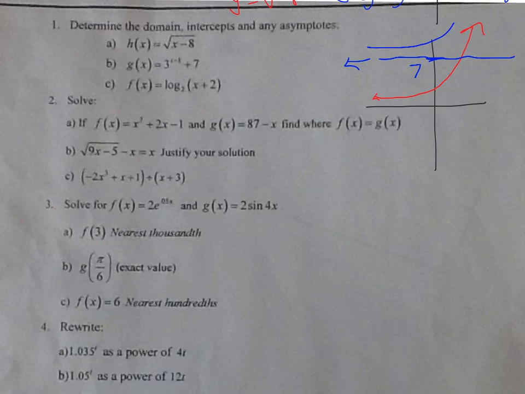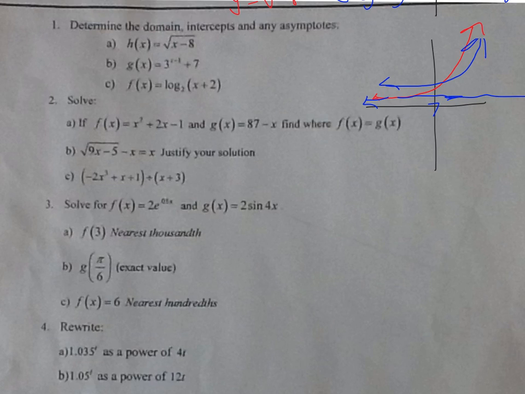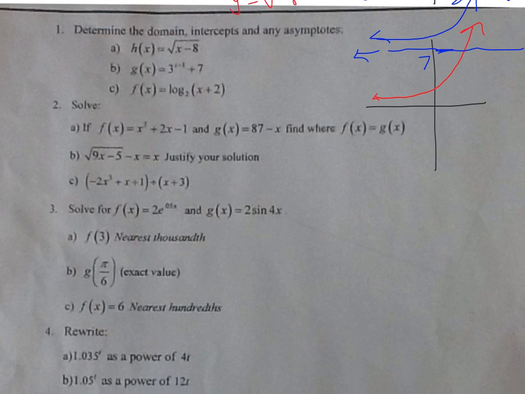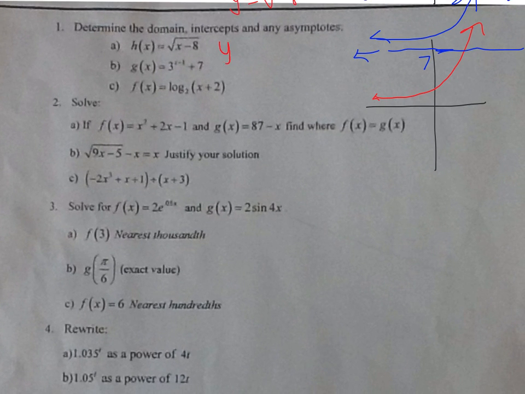So it's going like this. So there is an asymptote. Your asymptote is y is equal to 7.